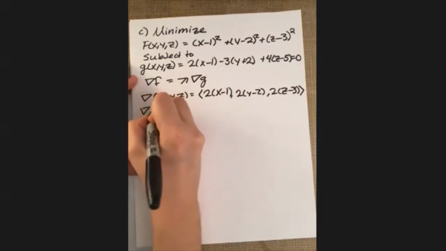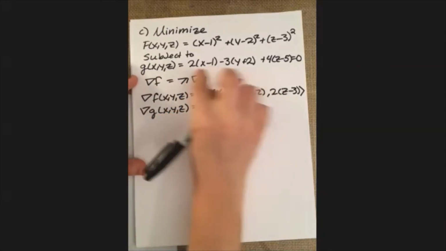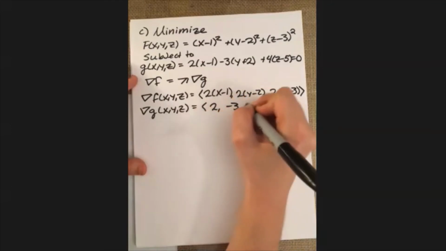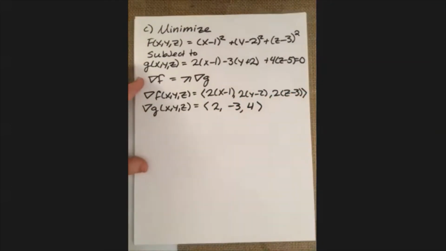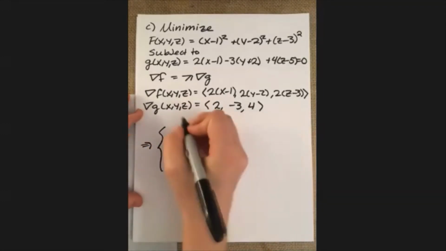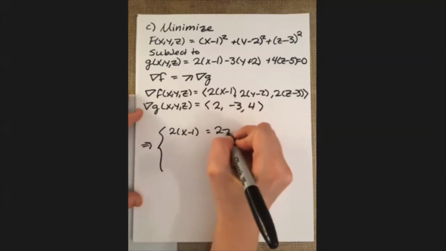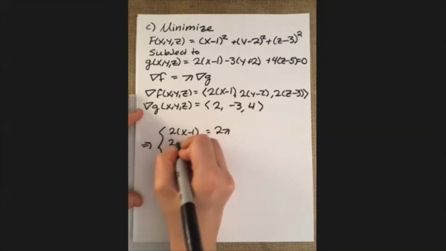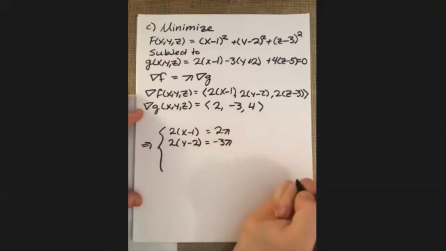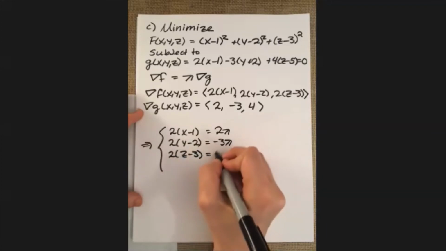And our gradient of g is just equal to ⟨2, -3, 4⟩. That will give us this system of equations, where we have 2(x - 1) = 2λ, 2(y - 2) = -3λ, and 2(z - 3) = 4λ.